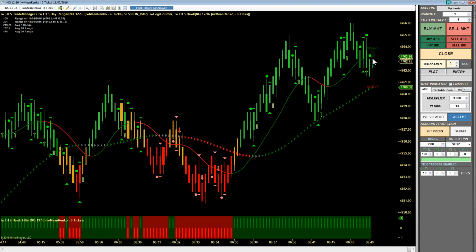See, there, it was there for a second. It was almost ready to produce another macro pullback signal. Those are high probability signals for us. We may be producing a consolidation pattern as well.